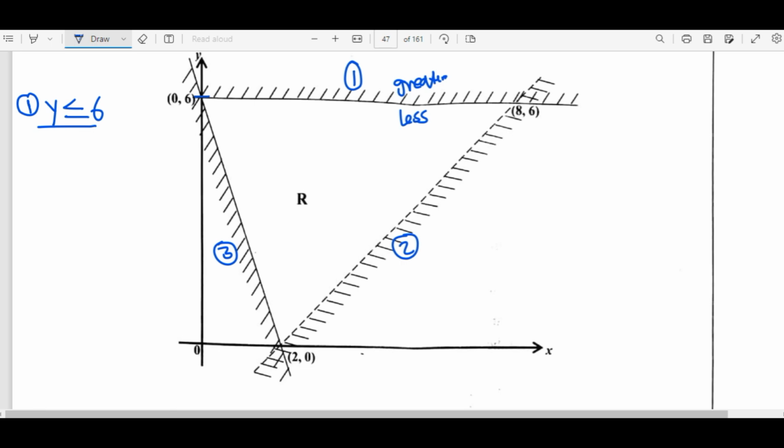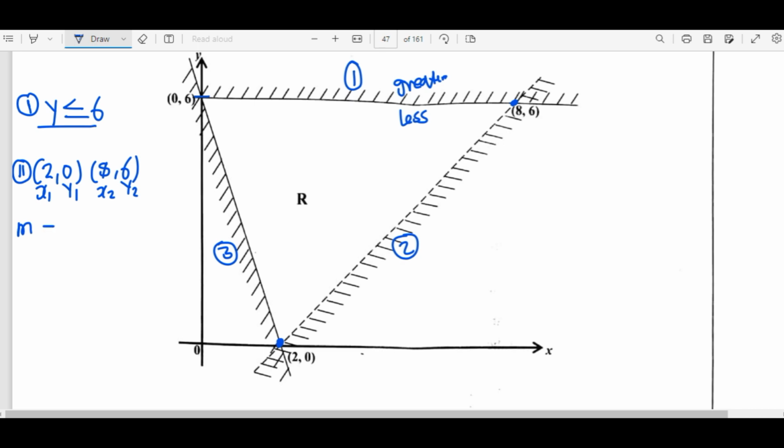So that's our first equation. Then our second equation, since it's slanting, we need to find the gradient. The first step is to find the gradient. The first pair of coordinates is 2, 0. The second one is 8, 6. So say x1, x2, y1, y2.